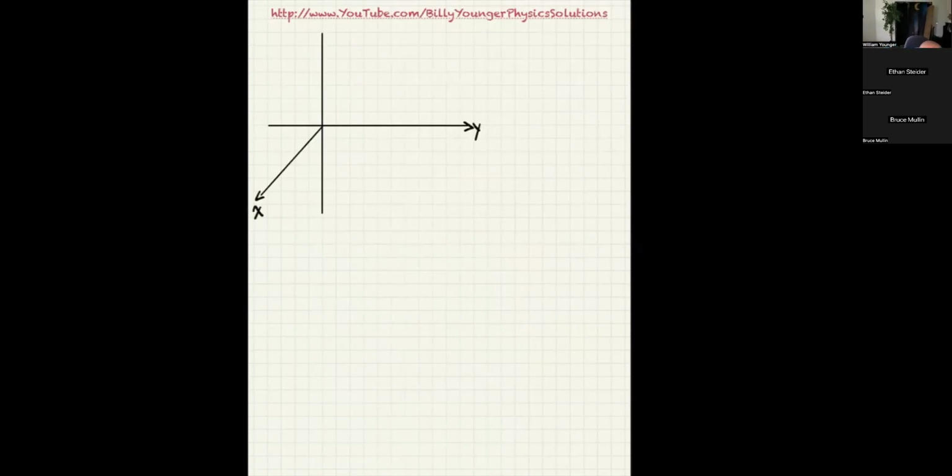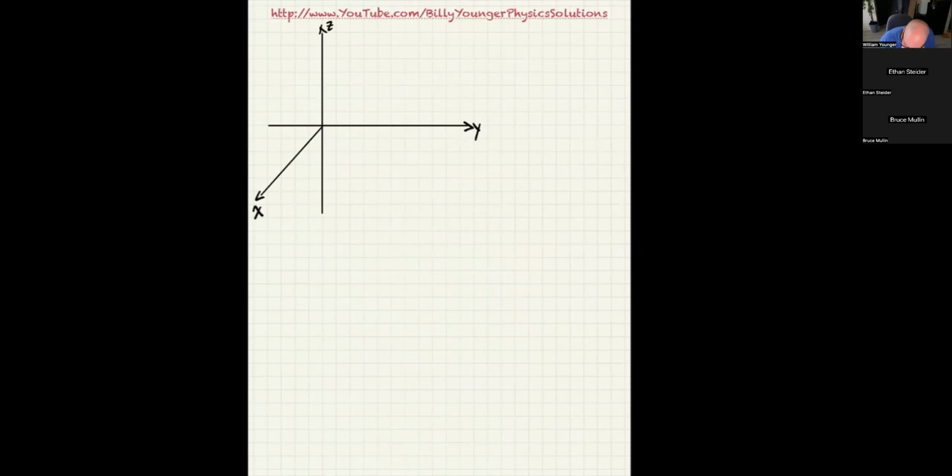I'm going to use my black pen to draw a coordinate system. And what I'm going to do is say that this axis coming out is the x-axis, this axis on the page going to the right is the y-axis, and this axis on the page is the z-axis.